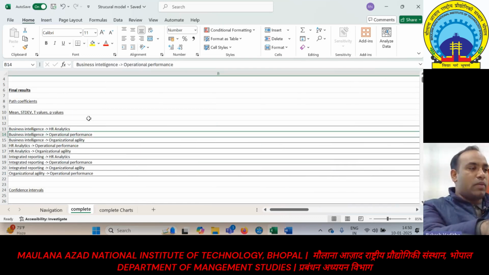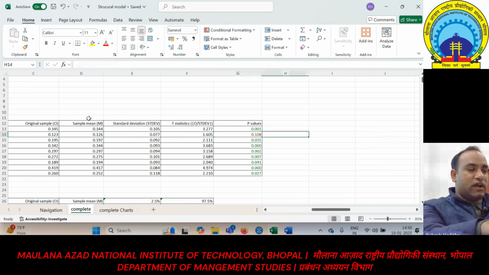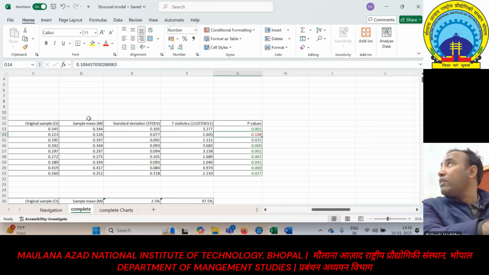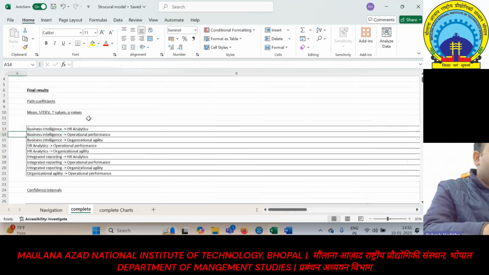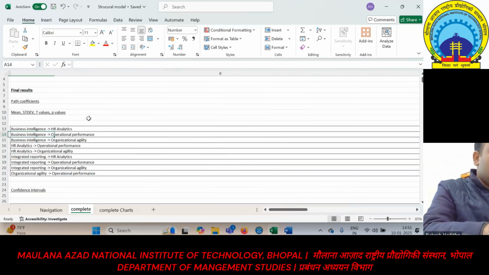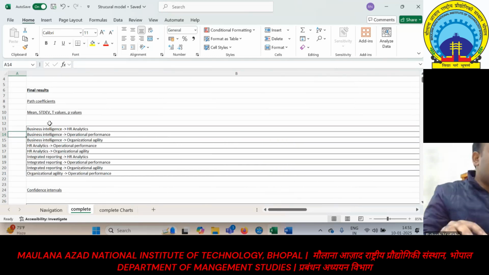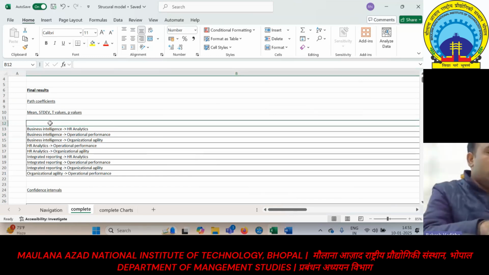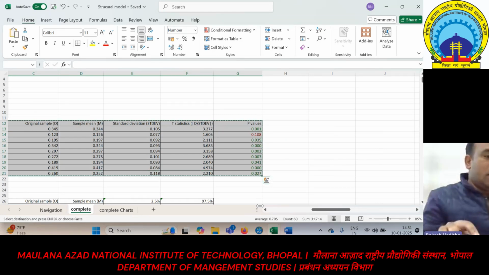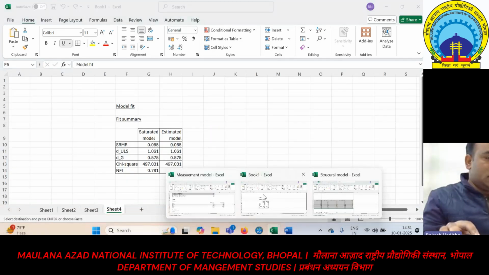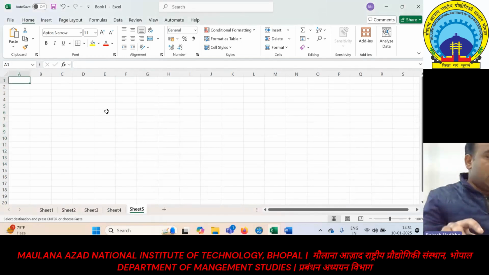Business intelligence to operational performance is not significant. It will show in red color. Now we have to take the decision here. Then copy the table and paste it in the tables in another sheet.